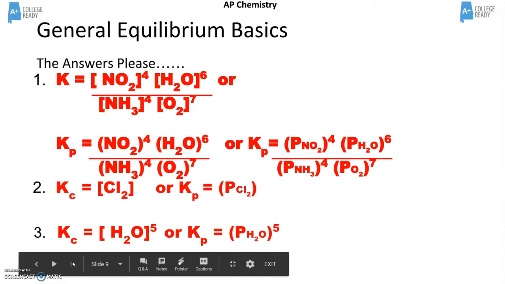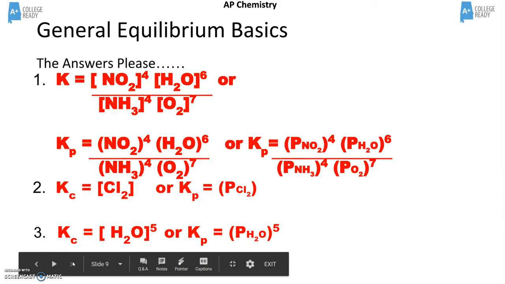So for practice problem number 1, notice that when we are asked to write in concentration form, we have our products over reactants raised to their coefficients. Now, if you were asked to write that for the pressure, there's actually 2 ways that you could write that.